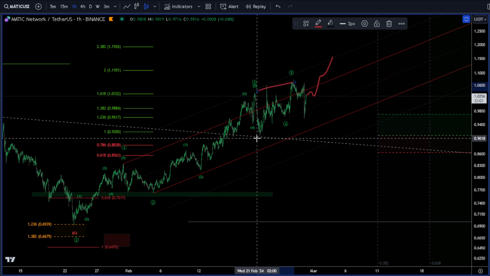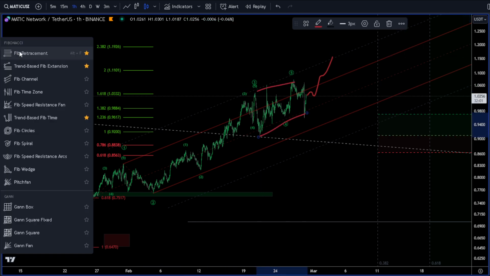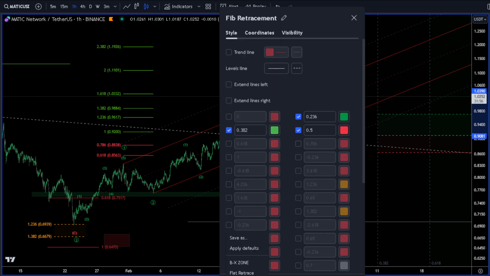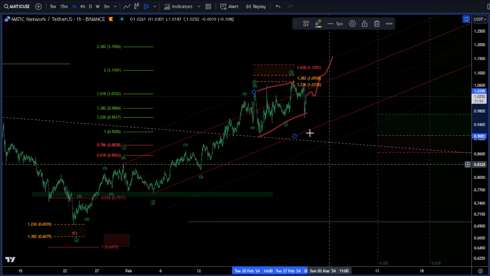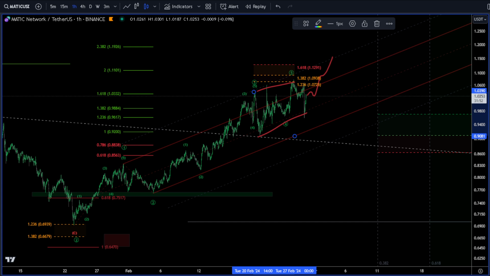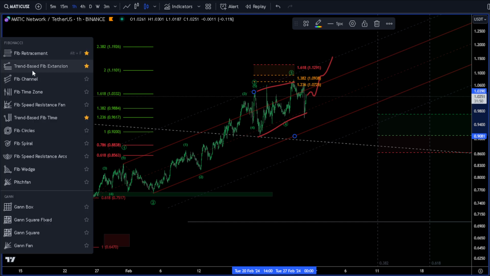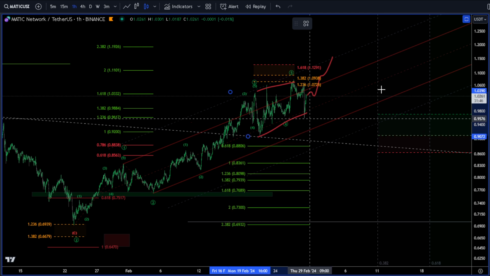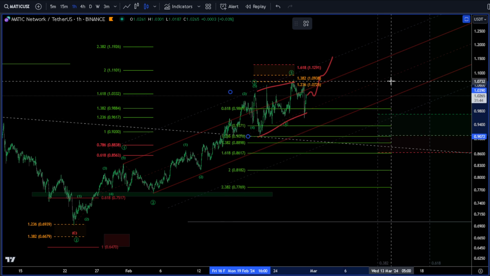We're still in that 1.236 and 382 zone of this A wave. Right there, ticked right through it. And we would be targeting the 1-to-1. Well, between the 618 and the 1-to-1. And we're right between the two, 618 and the 1-to-1.